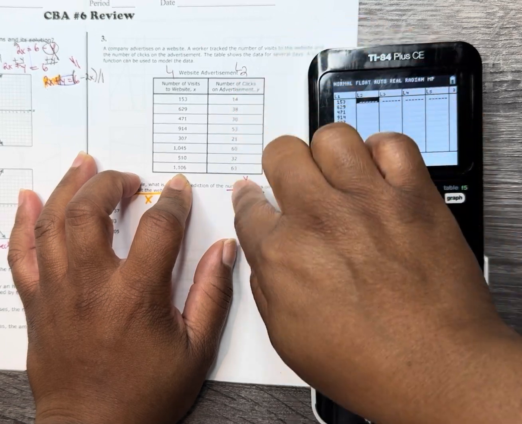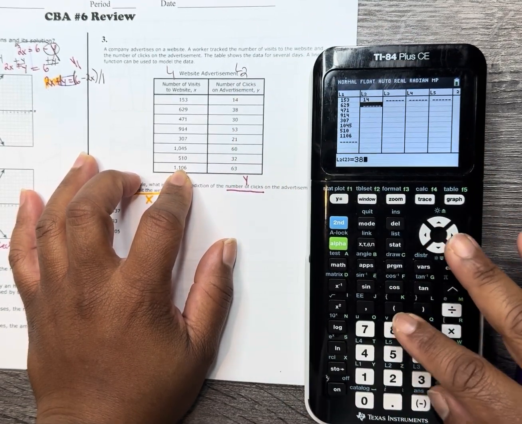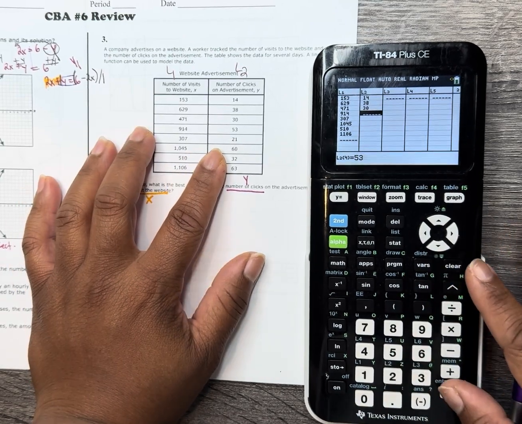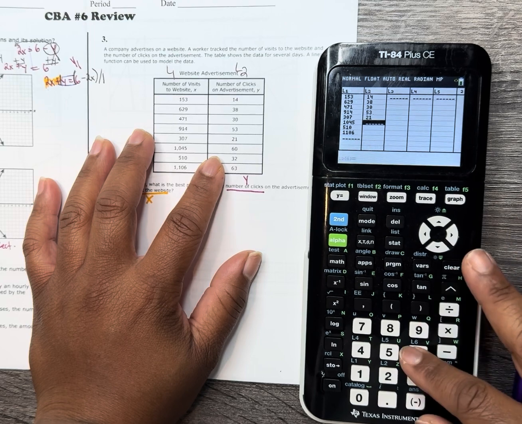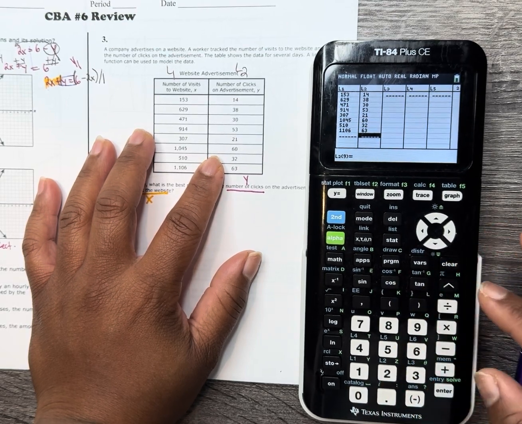And then L2 is going to be our Y's. So 14, 38, 30, 53, 21, 60, 32, 63.